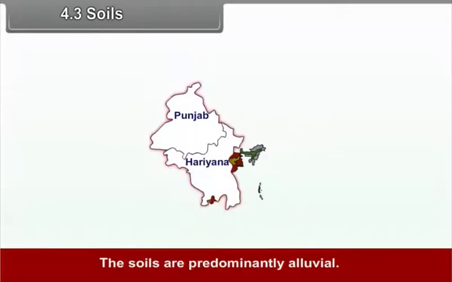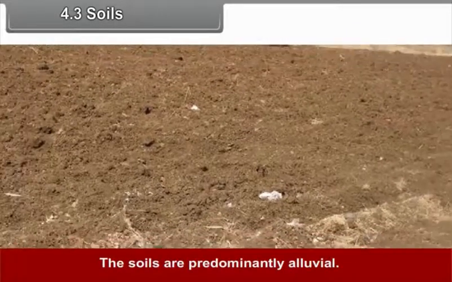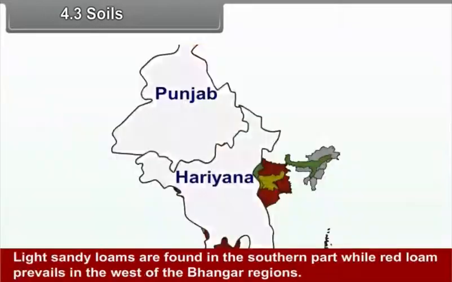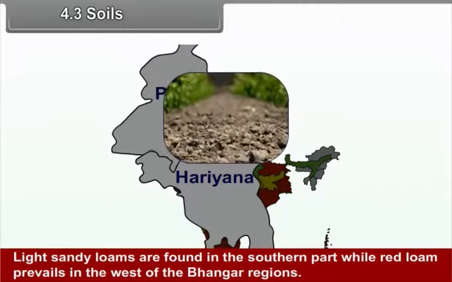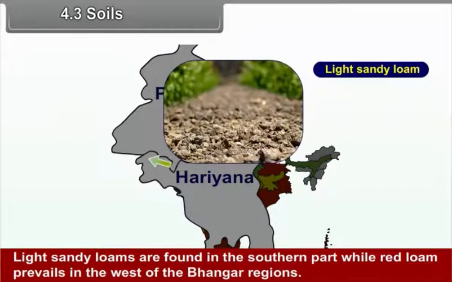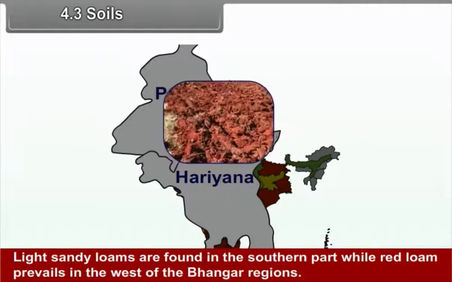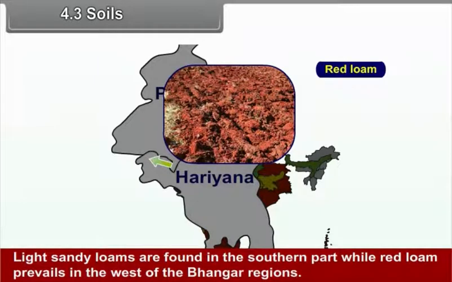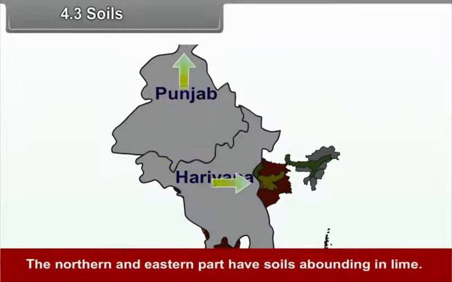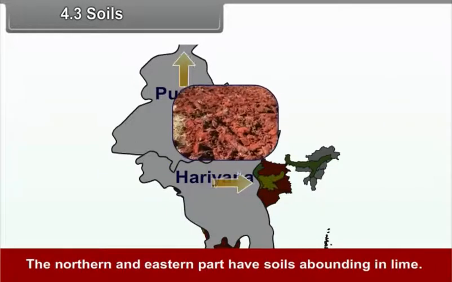May and June are the hottest months. 4.3 Soils. The soils are predominantly alluvial. Light sandy loams are found in the southern part, while red loam prevails in the west of the Bhangar regions. The northern and the eastern parts have soils abounding in lime.